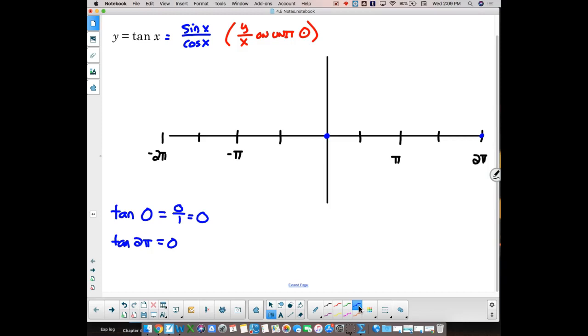Where else would tangent be equal to 0? Negative 2 pi. Because if I go counterclockwise around the circle, 2 pi, I'm here, or if I go clockwise around the circle, the negative direction around it, I'm still there.